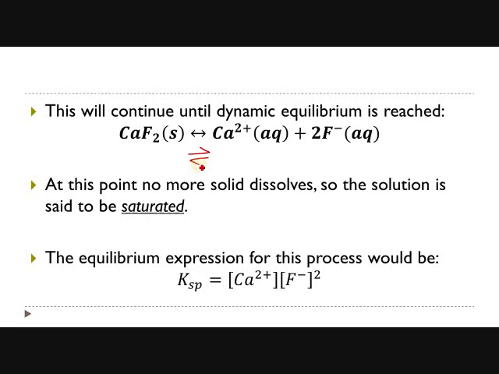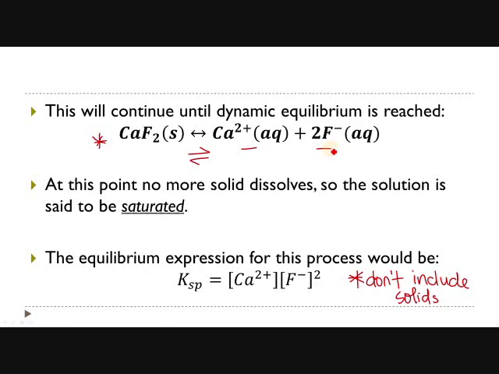Remember that we don't include solids in our expressions. So if we're looking at this reaction, we're only using the two products in the Ksp expression, the equilibrium expression, because the solid is never included.